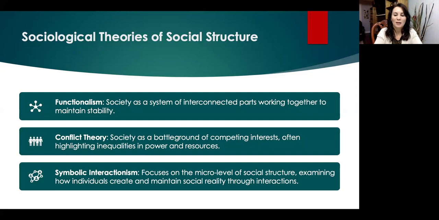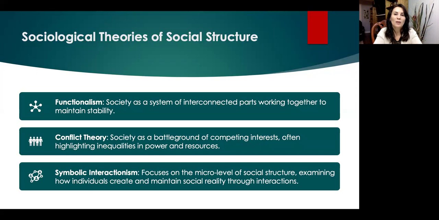Because of that, they can serve as balance. They can maintain some sort of balance in society. So that is one way of looking at social structures.